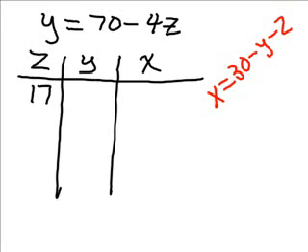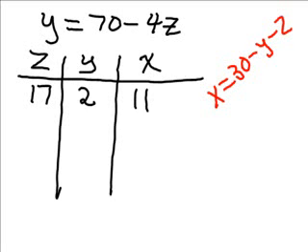If I plug in 17, 70 minus 4 times 17 is equal to 2. And then 30 minus 2 minus 17 is 11. So there's my first answer.